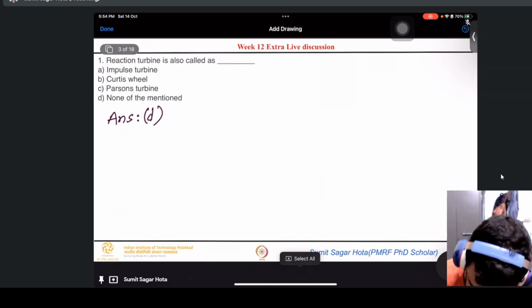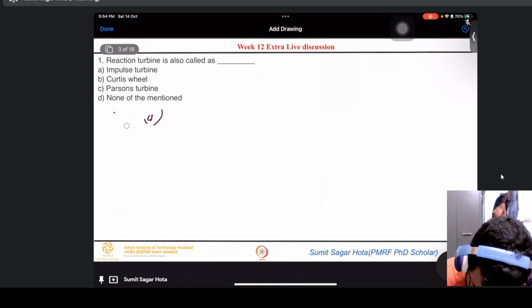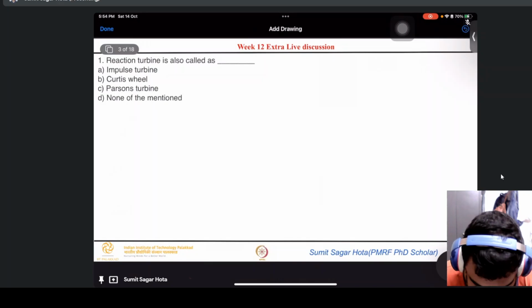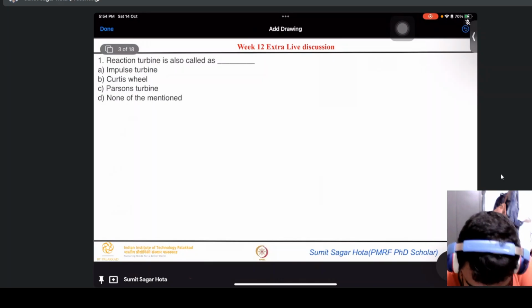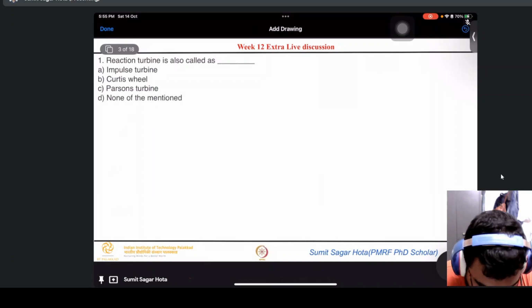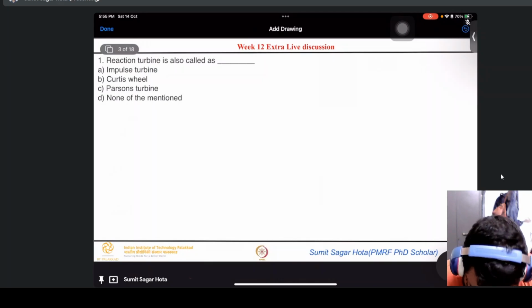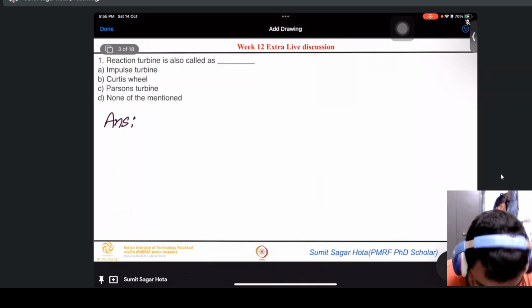For this question, the answer cannot be none of the mentioned, because otherwise why would this question be asked. There is a confusion, so the answer of this question is C. Okay, so answer is C.